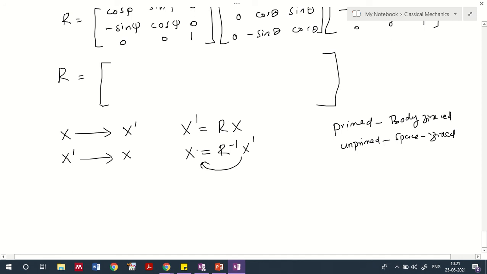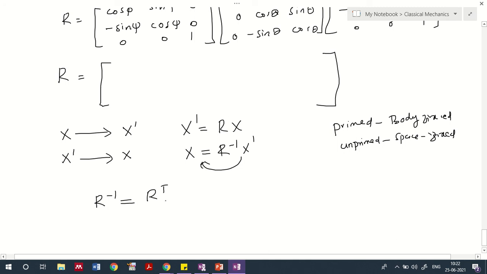And also we can see that if you take R inverse, R is the matrix, right? If you take the R inverse of that, you'll actually get R transpose.